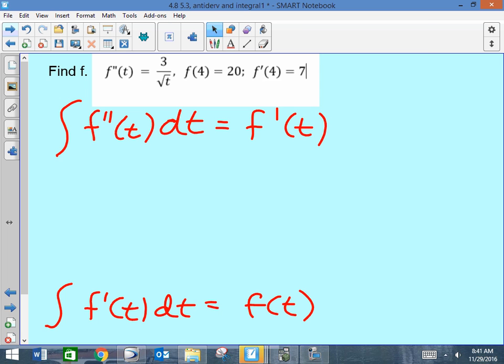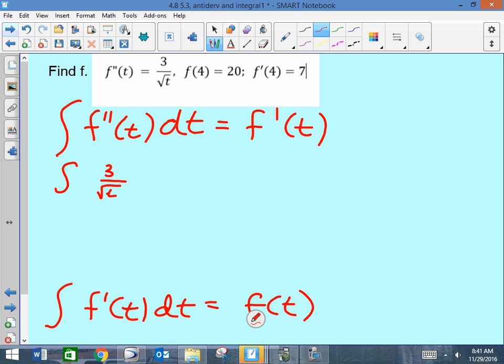All right, let's put in 3 radical t dt. That's just language. Just get in the habit of these two. The letters should match in there. And the d stands for the derivative sitting there waiting for you. Okay, we're looking for an antiderivative. All right. Go ahead and do that.